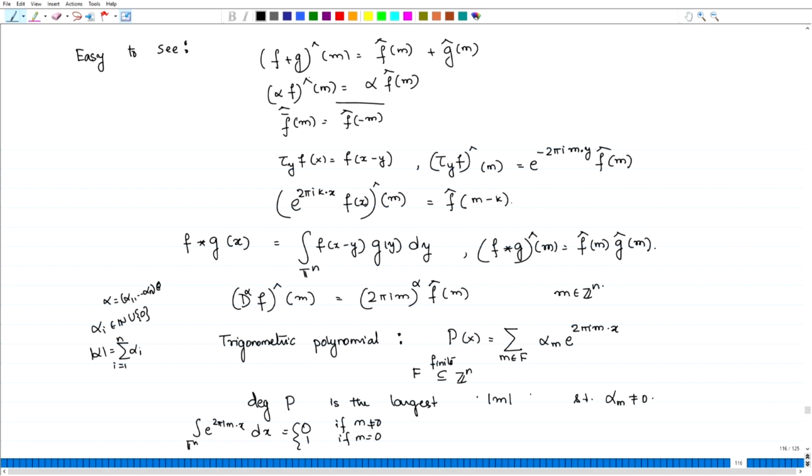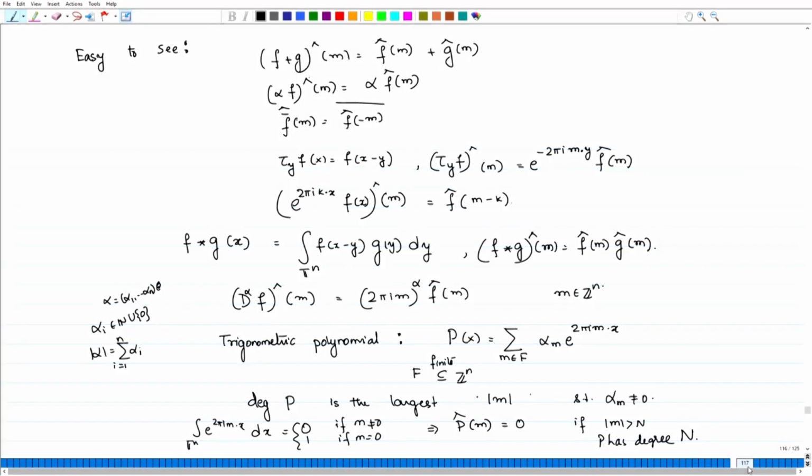Therefore, if I compute the Fourier transform P hat of m, this is equal to 0 if P has degree n and mod m is greater than n. So, these are the standard notation and easy properties of the Fourier coefficients in higher dimension, which can be derived with the same idea as in dimension 1.